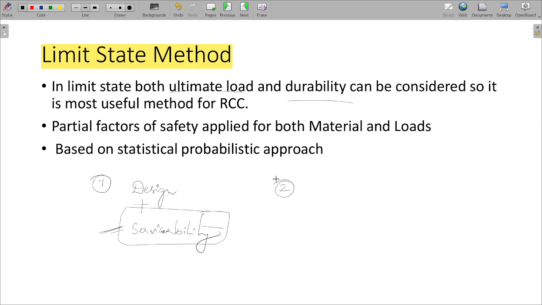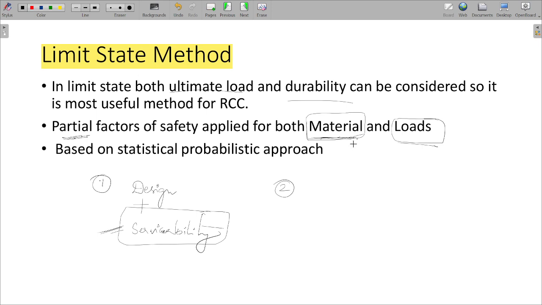The second thing is, we have seen earlier that in the working stress method we take a factor of safety only for material. Here we are taking factors of safety for both material and loads. So we call it partial, because partially we apply it to material and partially we apply it to load.